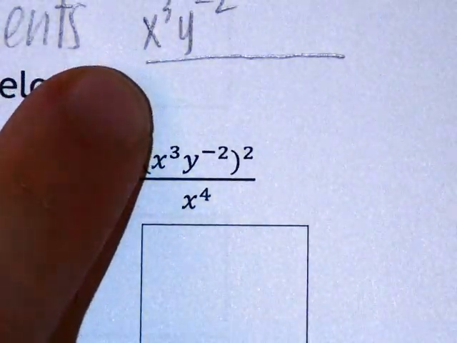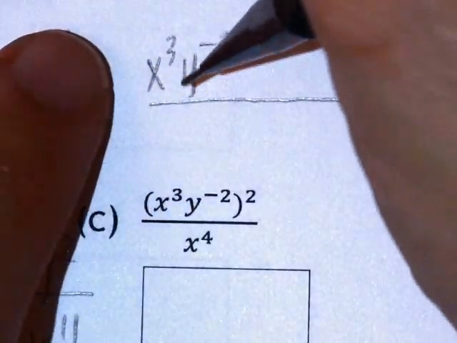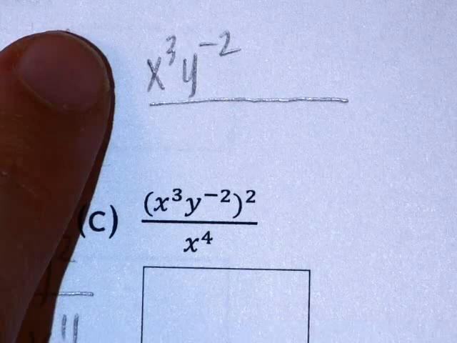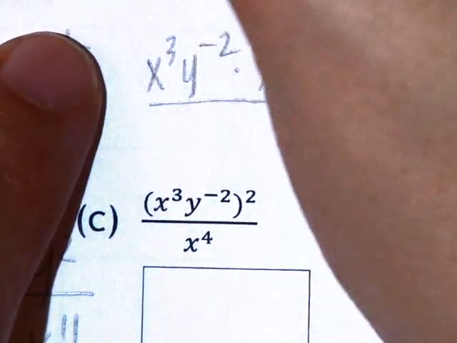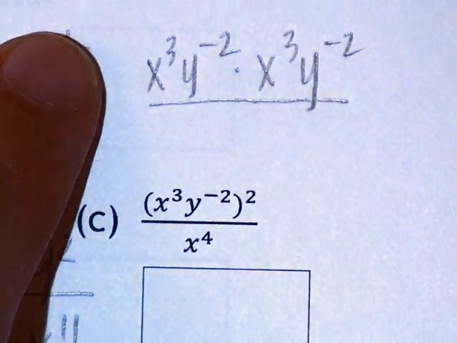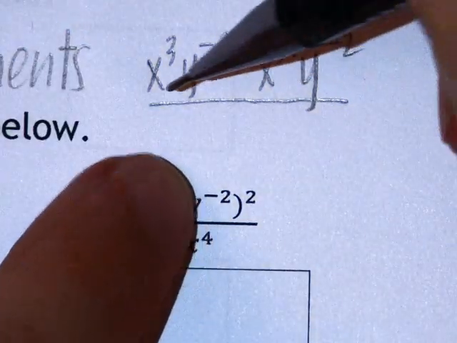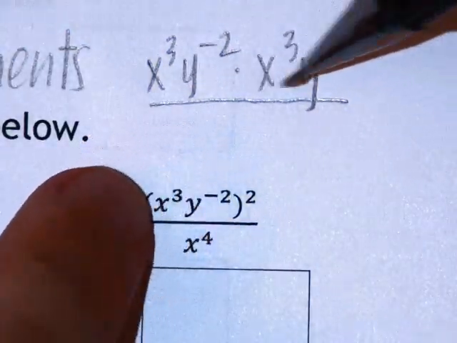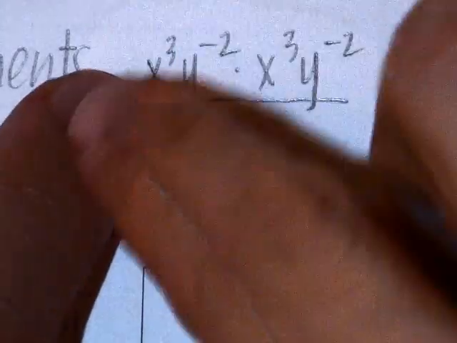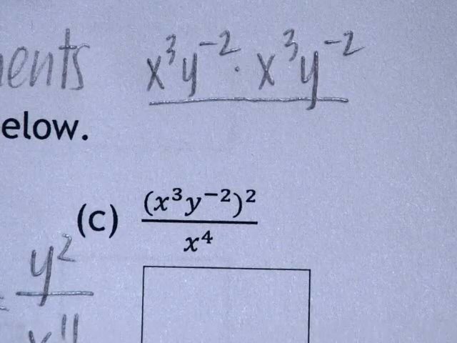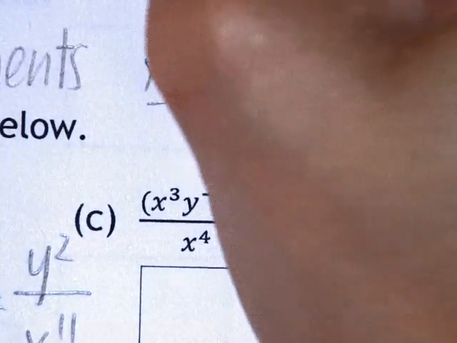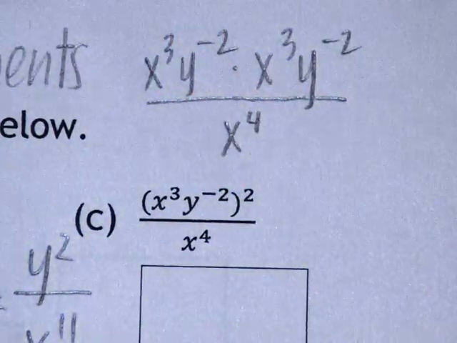And I'm going to write that out just so I can visualize it. X cubed y to the negative second is going to be written once, and then it's going to multiply another x cubed y to the negative second, because that's what square means. It means there's literally two of those things. And since each of those items will be written twice, I can see it all there. X to the fourth didn't have that, so I'm going to leave the x to the fourth on the bottom.